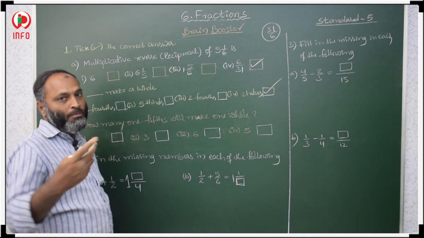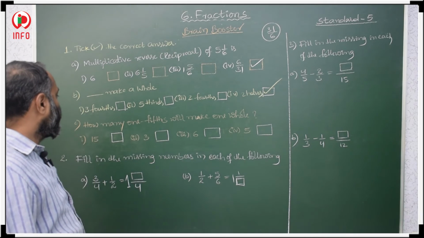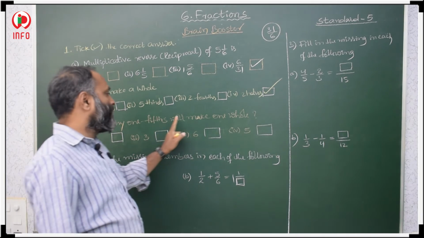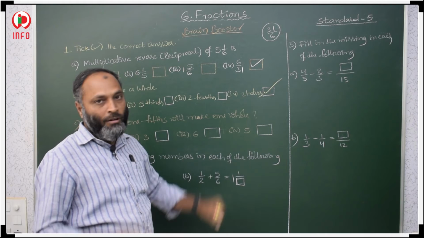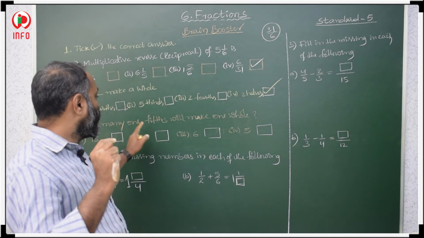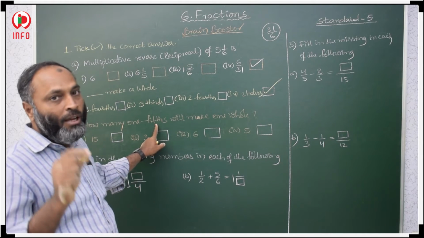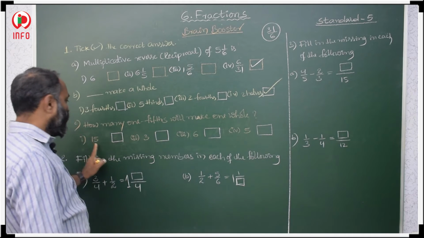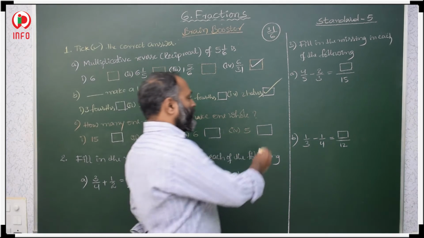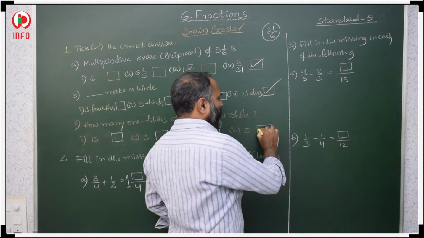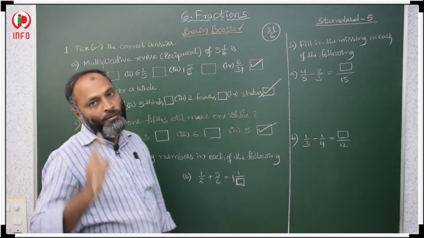Now, how many 1/5 make 1 whole? 5 of 1/5, so the fourth one is the right answer. 5 1/5s make 1 whole.